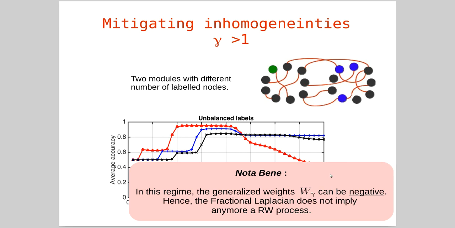So the interpretation of such a result can no longer be related to random walks, but is still open to research, because you are now in the realm of signed graphs, so graphs with positive and negative links.